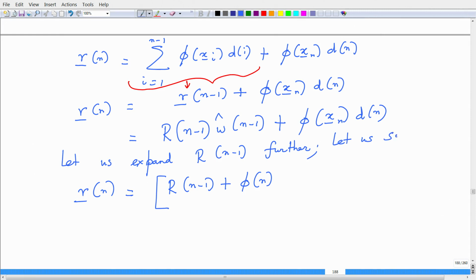Let us subsume x n in phi of x n, this data vector x n, as phi of n. So, when I mean phi of n, it implies that it is evaluated at x n.